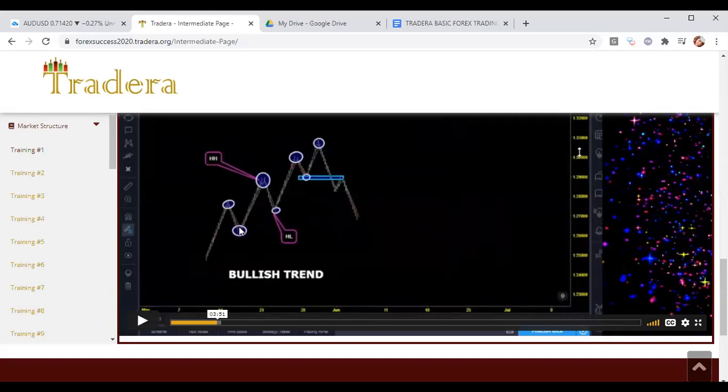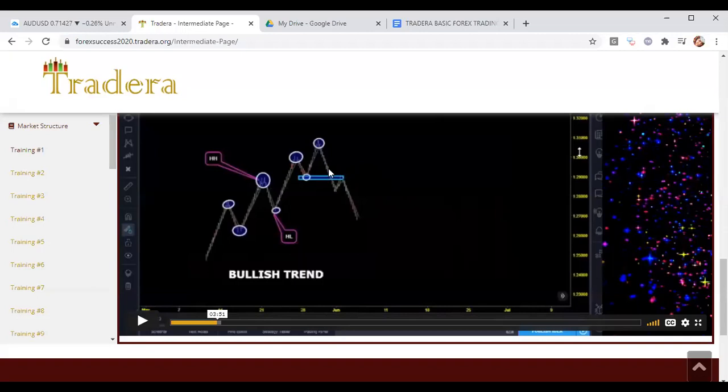Those lower lows and the higher highs are your indication, it'll let you know when the market has changed. So you see we got a lower low here, right? Got a higher high, lower low, higher high, lower low, higher high.